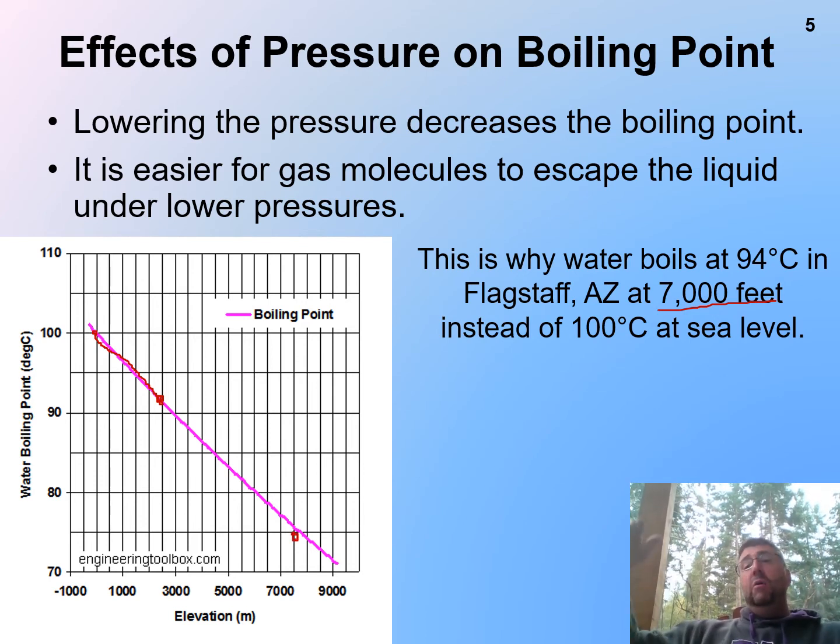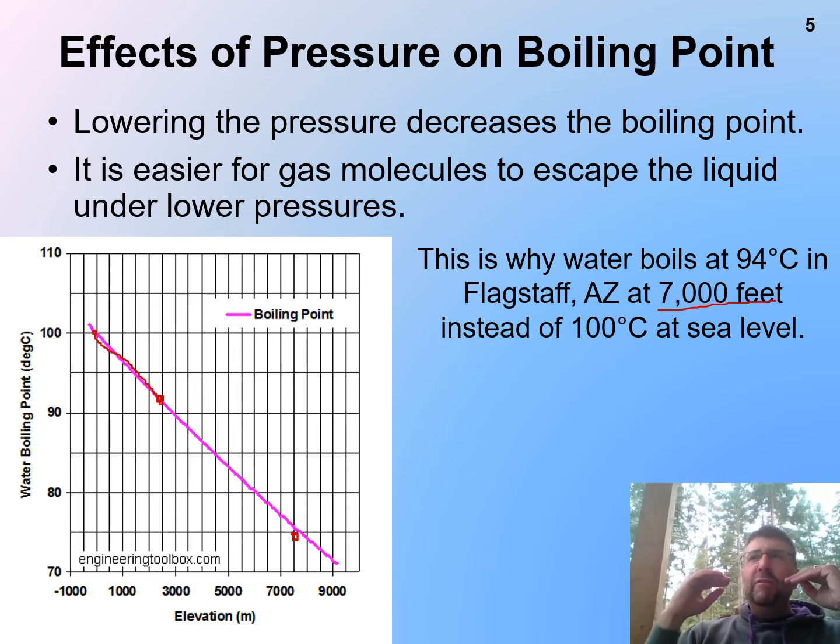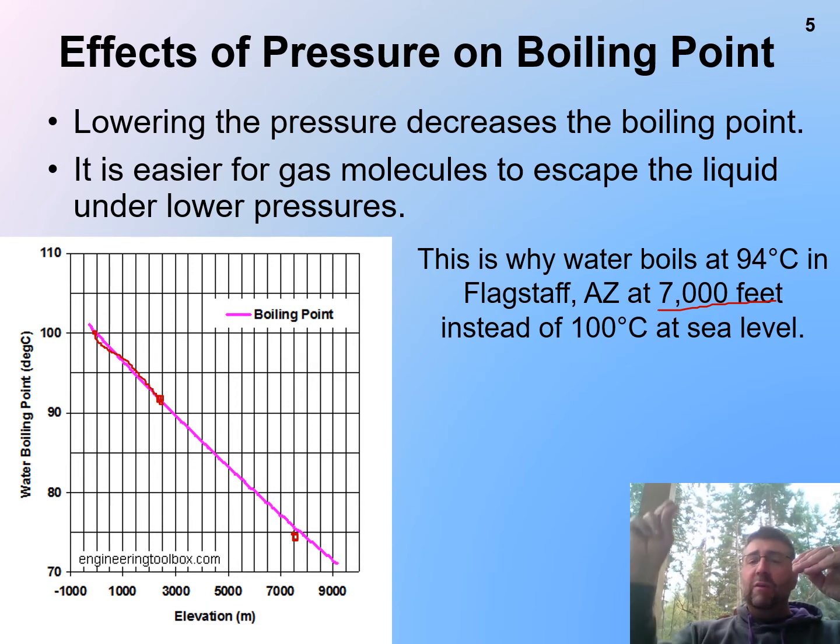So the higher up you go, the easier it is for water to boil, the less energy it needs, the lower the temperature it needs to be for it to boil, because there's less holding it in place. In fact, if you were to have a pure vacuum and you dropped liquid water into a pure vacuum, it would evaporate almost instantly because there's nothing holding it in place except its own intermolecular forces. And once they escape, they're gone.